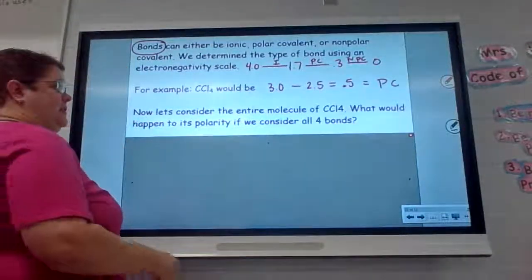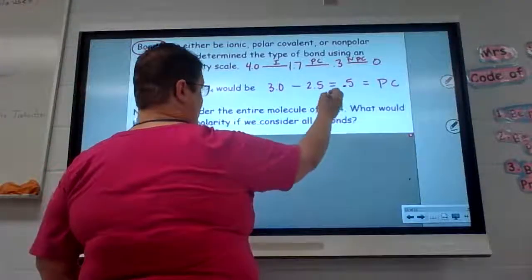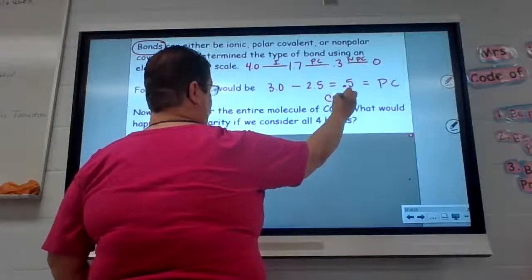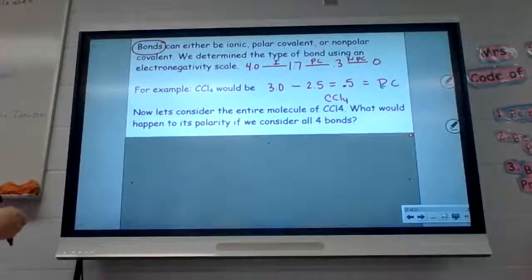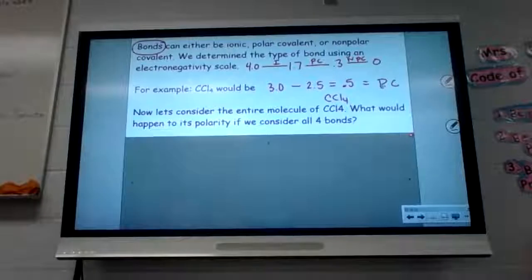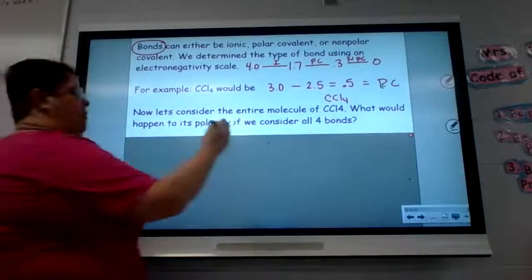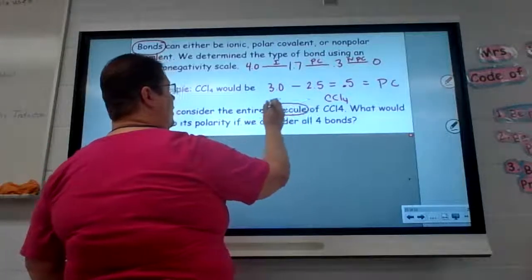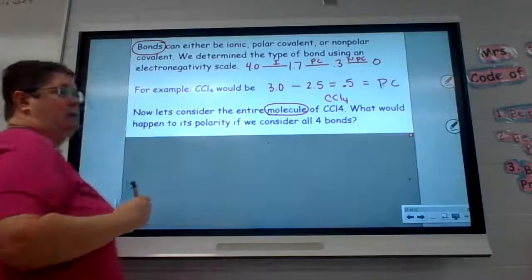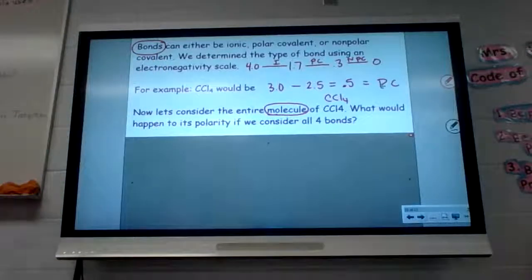Now, let's consider, and this is supposed to be a subscript, it's supposed to be CCl4, it's just a typo. All right, now let's consider the entire molecule. So that's what you have to look for in the question. If I use the word molecule, I'm not talking about a singular bond.